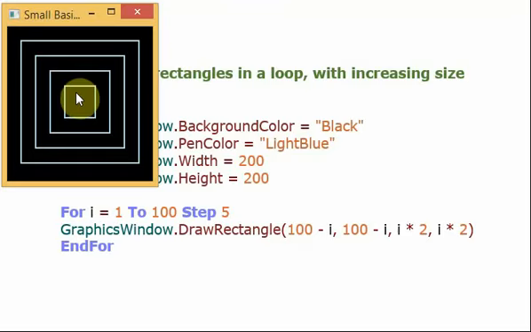This is the ending point. X is 99, y is 99, which means not close to the starting corner, a little far away from it. Here, x from here to here is 99 and y is 99. Then 2 by 2, it will draw this box.